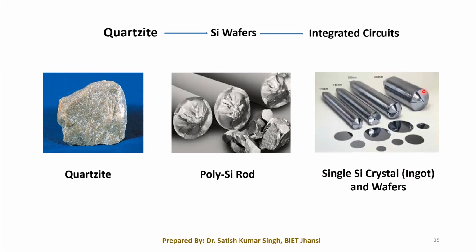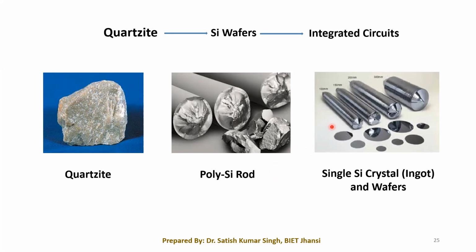You can see in this picture single silicon crystals of different diameters. As I already mentioned, for making any IC or any component, we need a single silicon crystal. We cannot grow these devices on polysilicon.